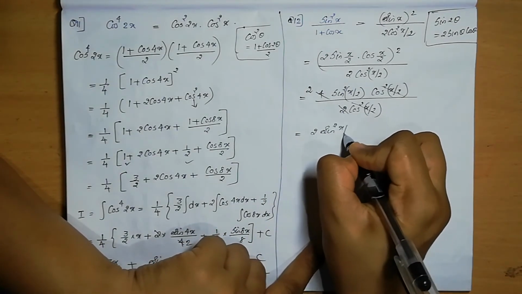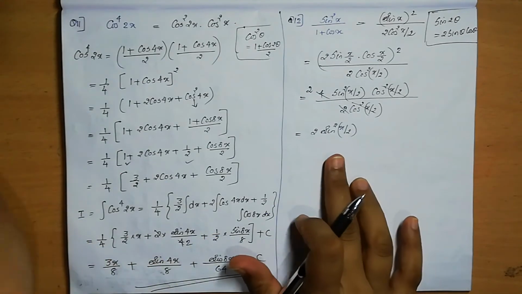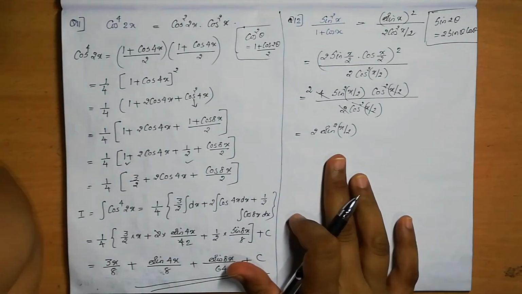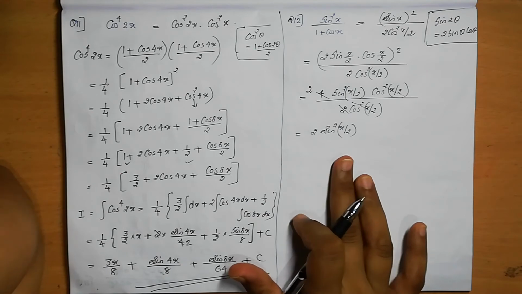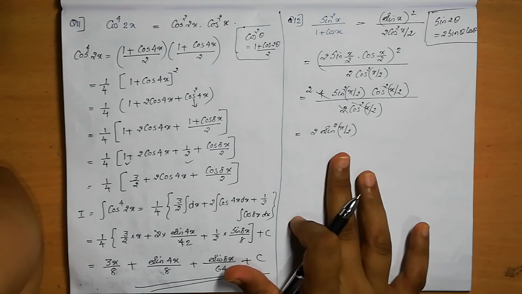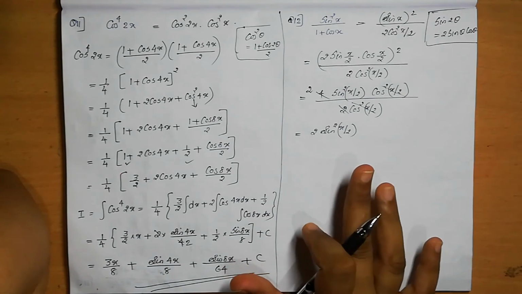2 sin square x by 2. Again, if you are taking the integral, for sin square there is no direct integral, right? So again we need to change this sin square. What is the formula for sin square theta?